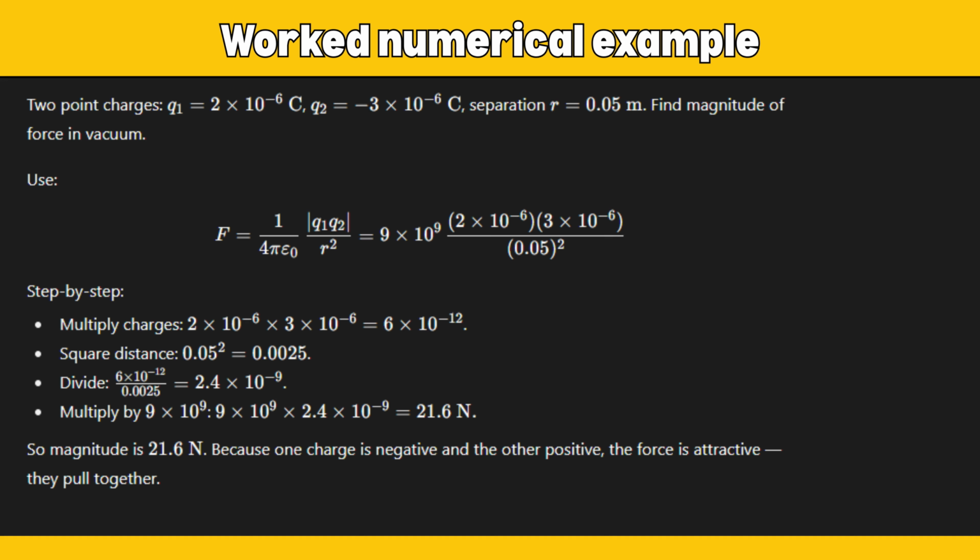Divide them. 6 times 10 to the power minus 12 divided by 0.0025 equals 2.4 times 10 to the power minus 9. Now multiply by 9 times 10 to the power 9. That equals 21.6 newtons. Because one charge is positive and the other is negative, the force is attractive.